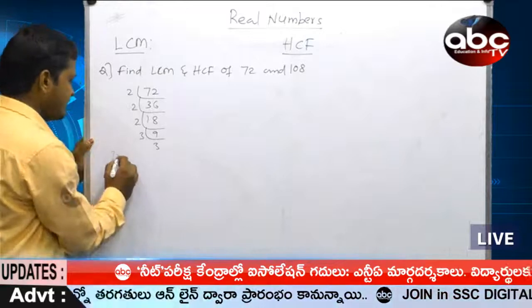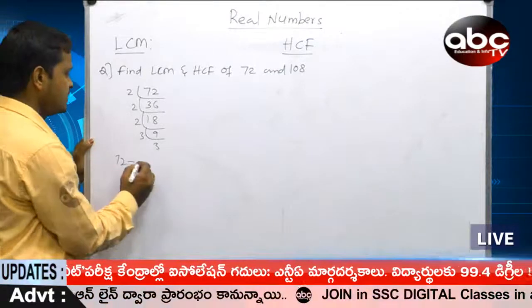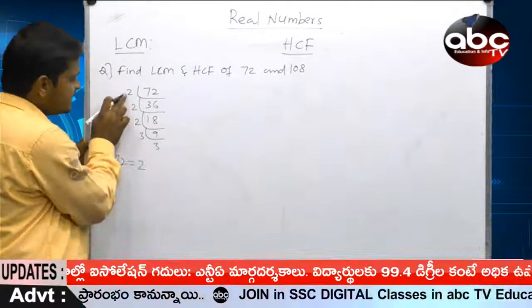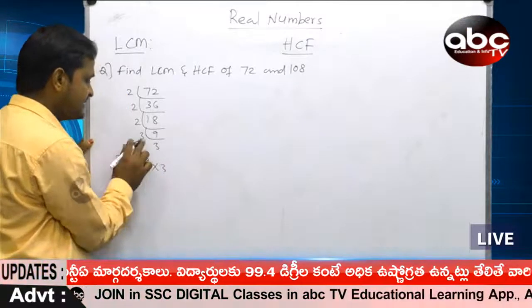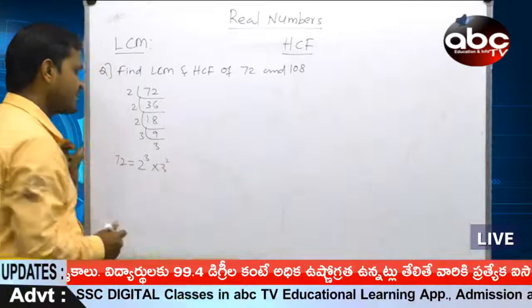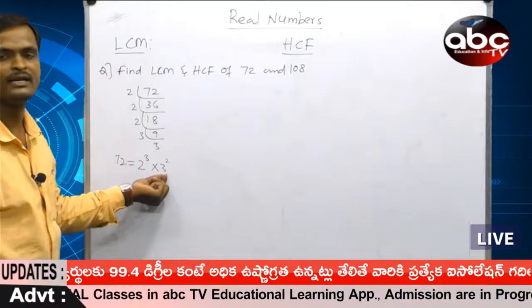You can write 72 is equal to how many 2's here? 2 power 3, into how many 3's here? 3 square, means 2 cube into 3 square.